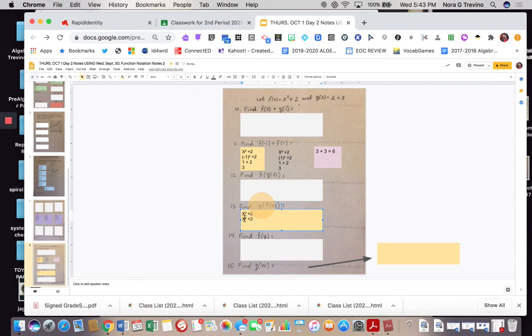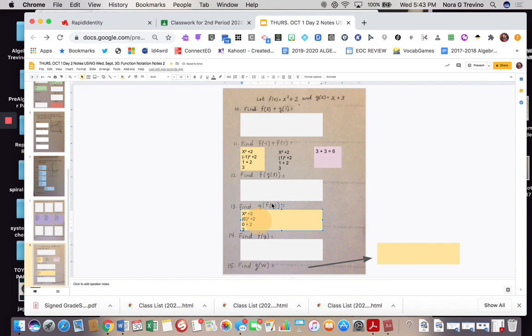So let me paste it again right there and just change the x's to zeros. 0 squared, well 0 times 0 is 0. 0 plus 2 is 2. So that was the answer for the inside.